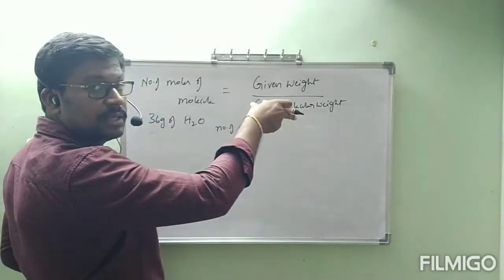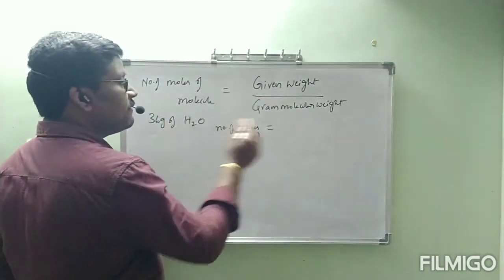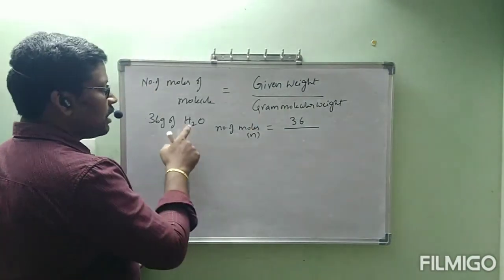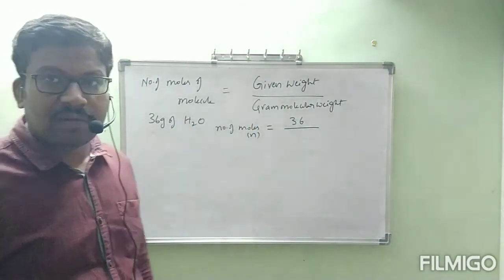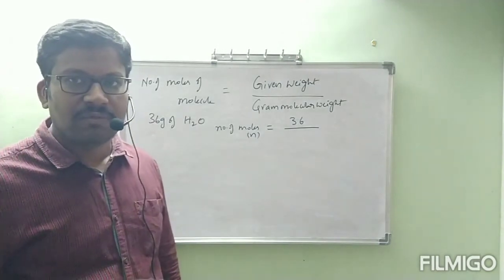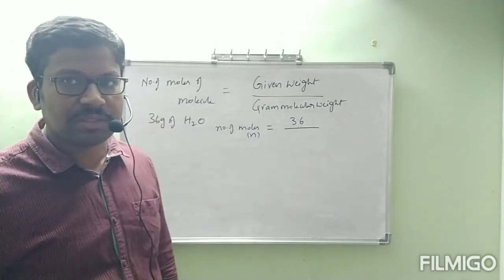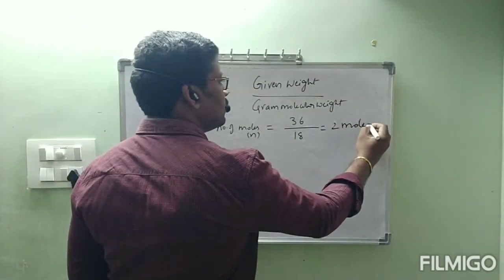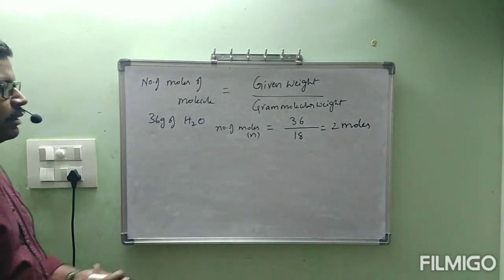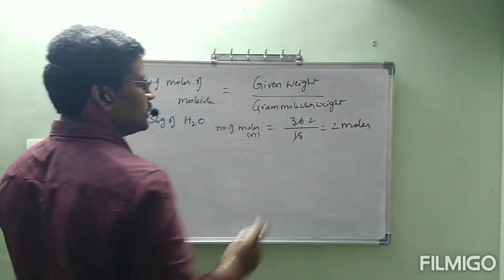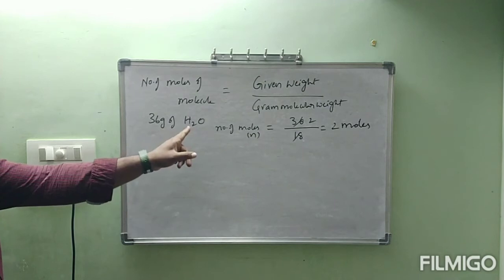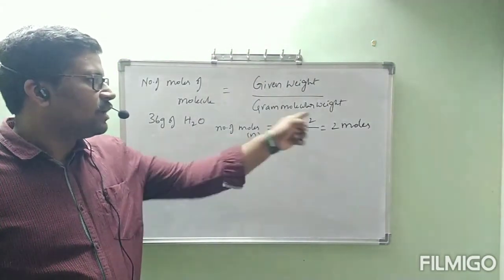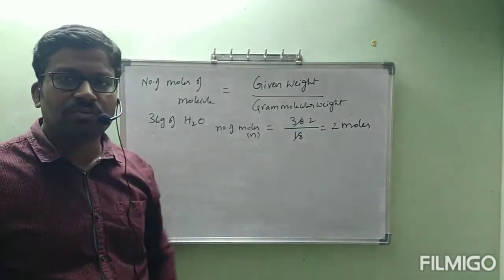Here the formula is already there, so directly I am substituting given weight 36 divided by gram molecular weight of H2O. Gram molecular weight of H2O is 18 grams. If you want, check that in the gram molecular weight examples. That is 18. 18 twos. So 36 grams of H2O, number of moles is equal to given weight 36 divided by gram molecular weight 18, that is equal to 2 moles.